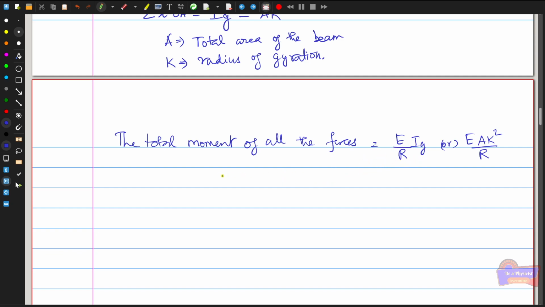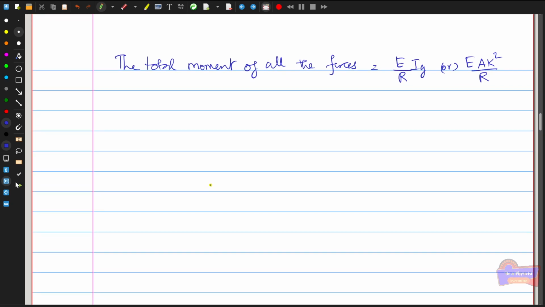Suppose we are using a beam with rectangular cross section. Consider case 1: the beam is made up of rectangular cross section.